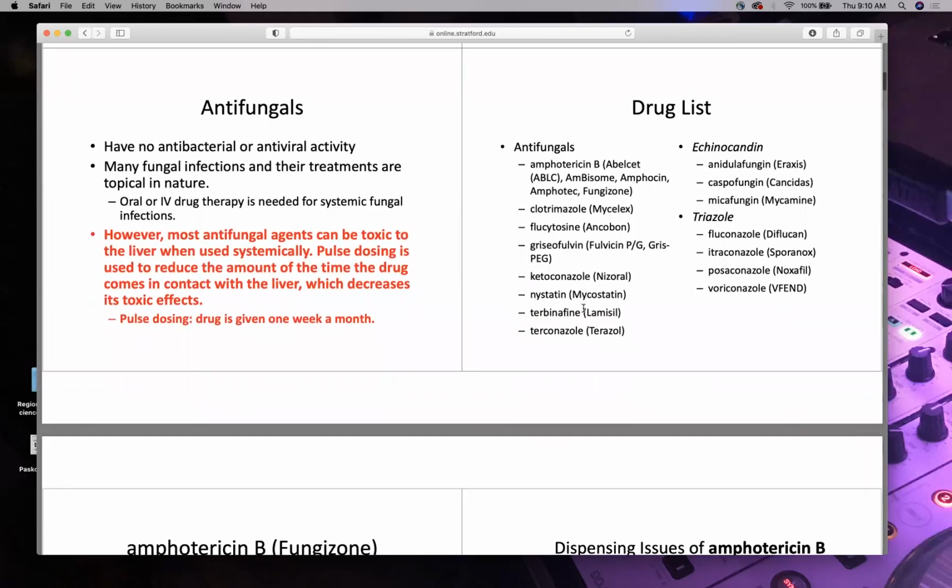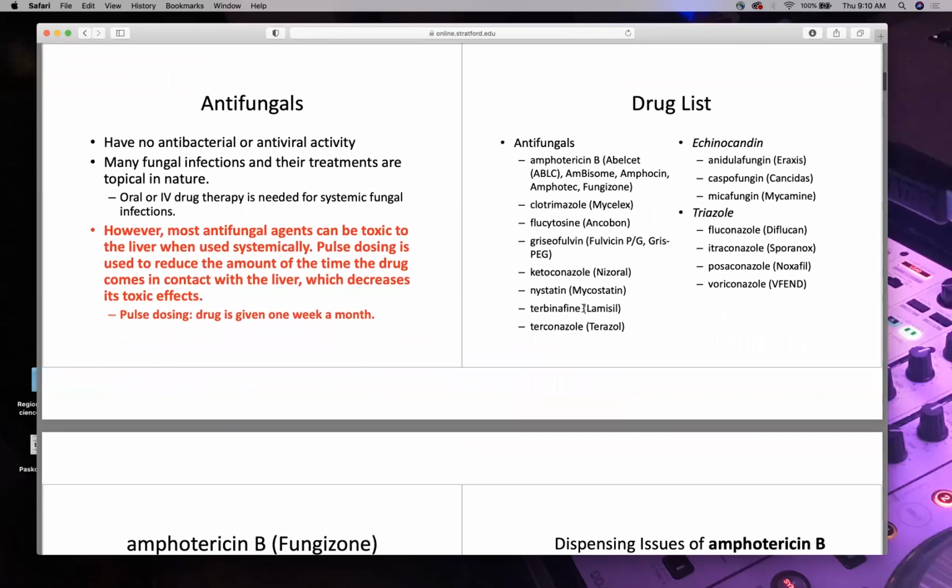So let's look at some examples of antifungals. These are the major categories: echinocandins and triazoles. Let's look at some common ones. This is how I always remembered.